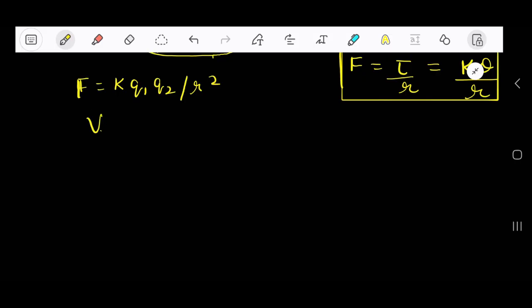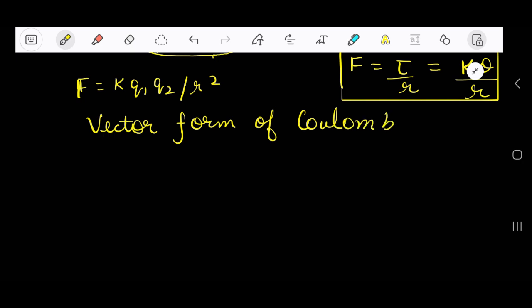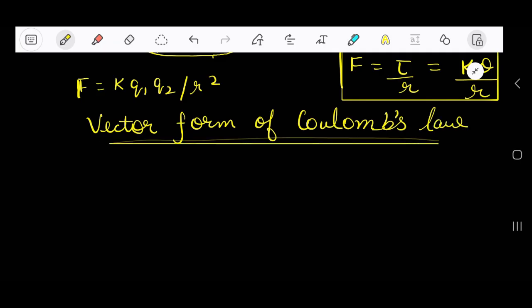So if we have to write the vector form of Coulomb's law, it is like this.